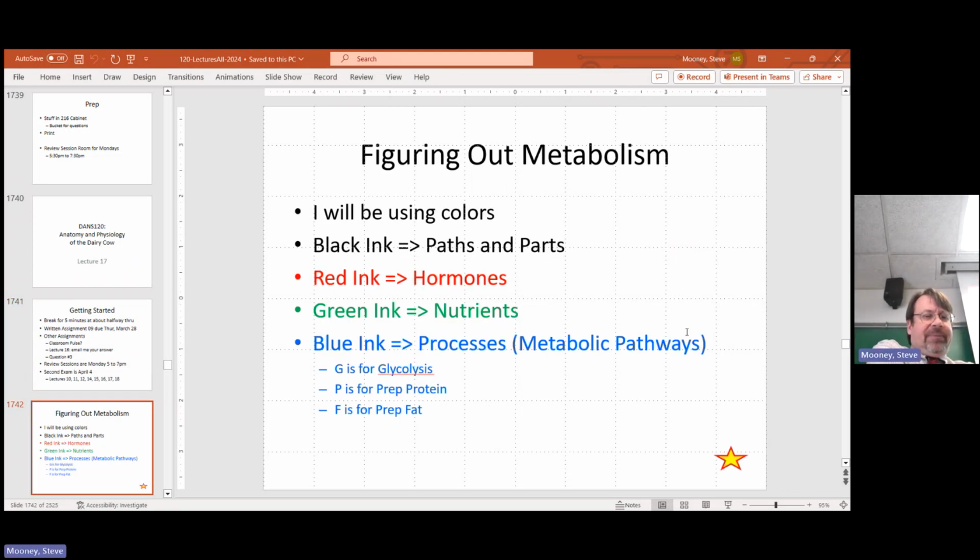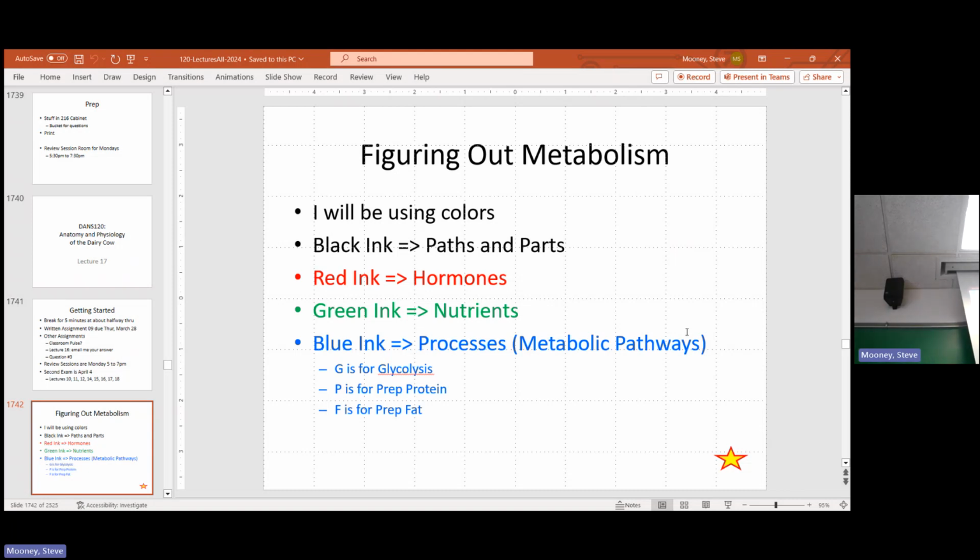We're coming up probably in 2 weeks to start talking about metabolism. When we're talking about metabolism, I'm going to use 4 different colors so they match my pen here.